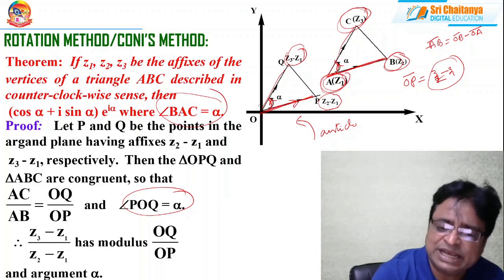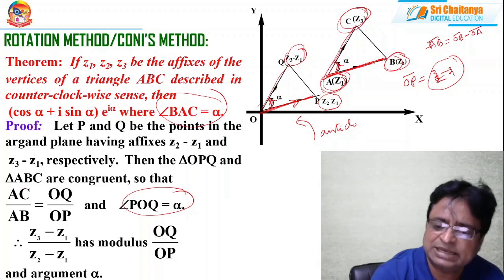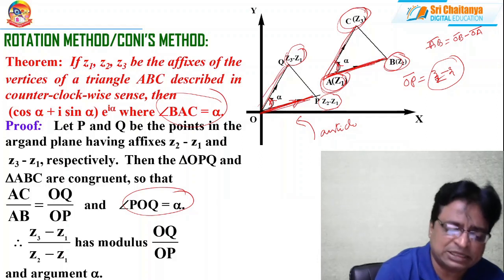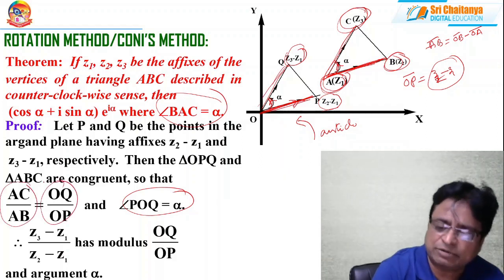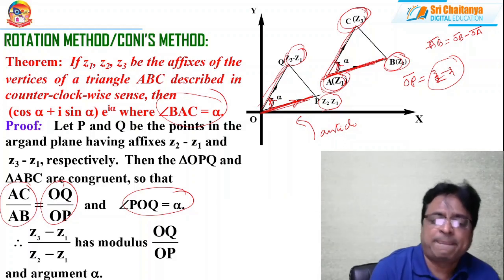So AC by AB is OQ by OP, because they are similar triangles. So the same thing I have represented. Only thing is I have taken a similar triangle where the corresponding sides are parallel sides passing through the origin, so that the same angle is made at the origin.